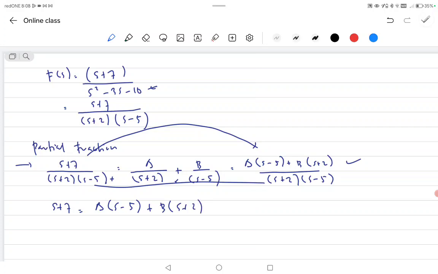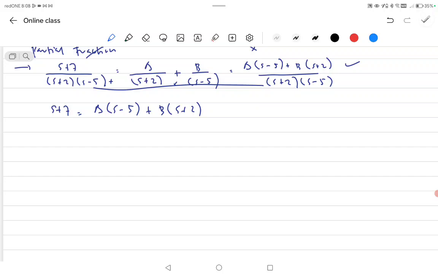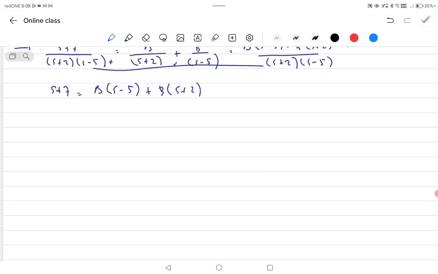So what we need to determine right now is the value of A and B. Let's say s equals 5, so we got 5 + 7 is equal to A(5 − 5) + B(5 + 2).